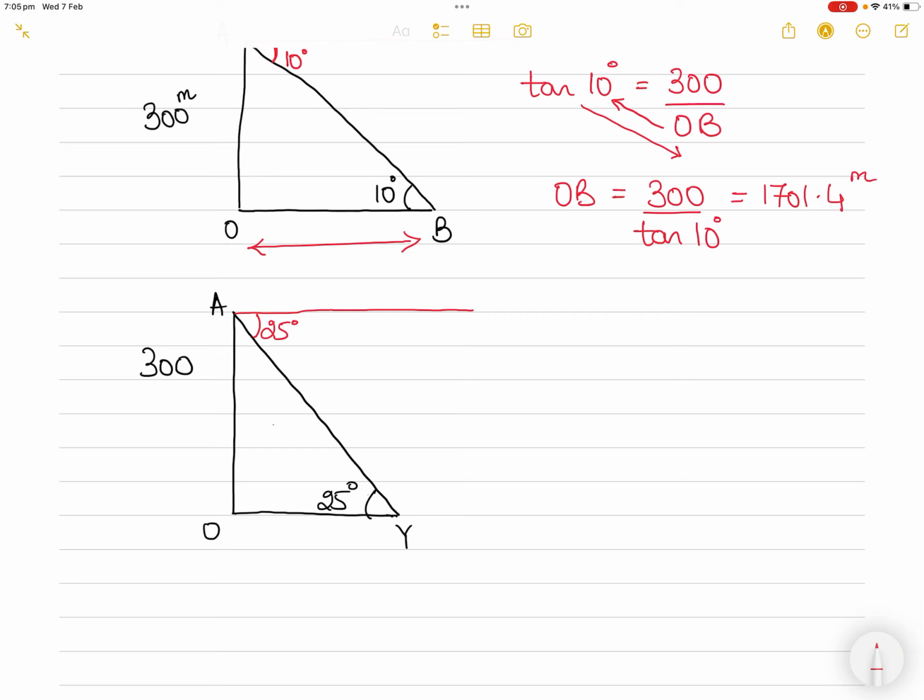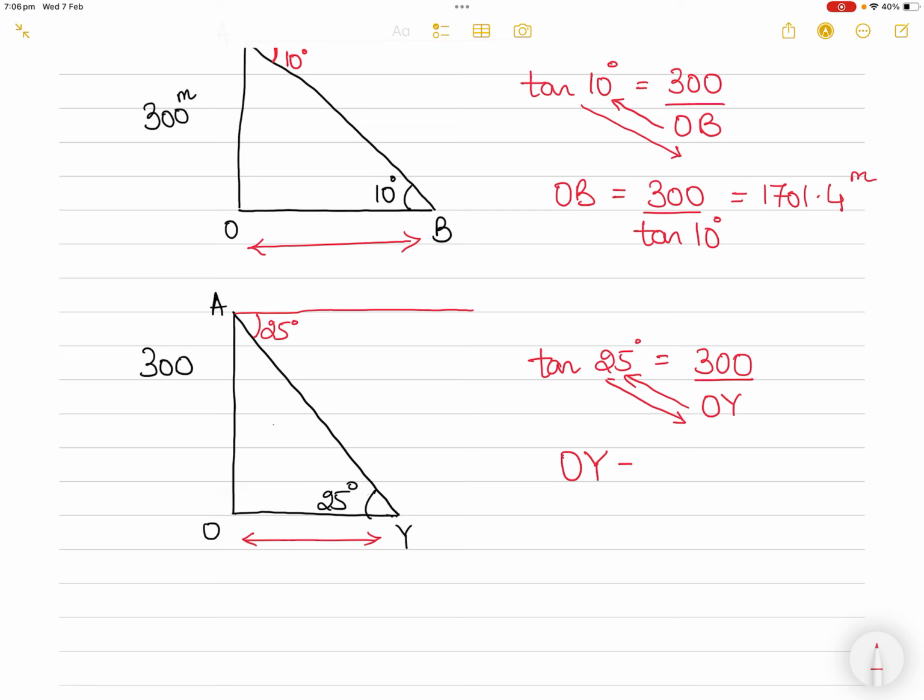So here again, if I have to find the distance OY, which is the distance of the yacht from the cliff, we will go tan of 25 degrees equals opposite to tan is 300 meters divided by OY. We will interchange these two values.